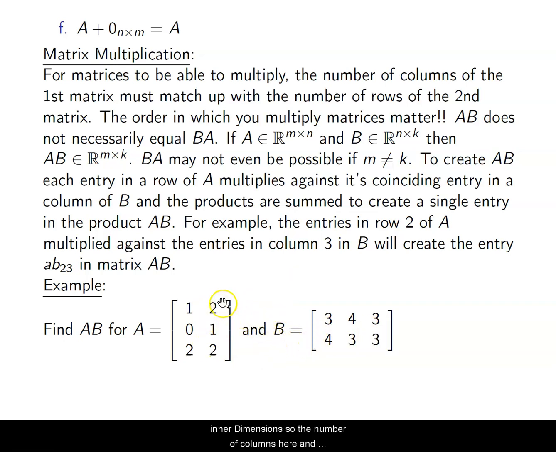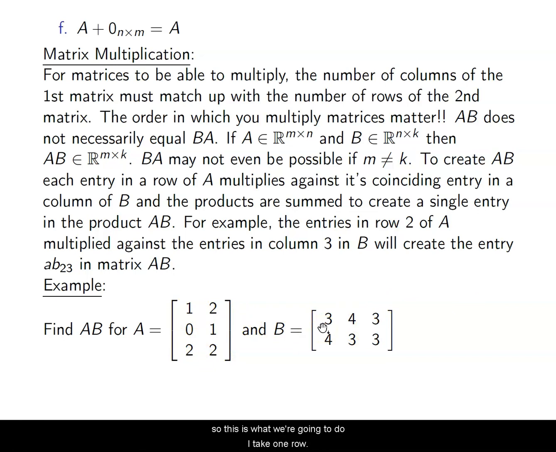Remember, it's the inner dimensions. The number of columns here and the number of rows here have to match up. So I have 2 columns and 2 rows, so these can multiply. My resulting matrix, AB, is going to be the outer dimensions, the number of rows here and the number of columns here. So my end result should be 3 by 3.